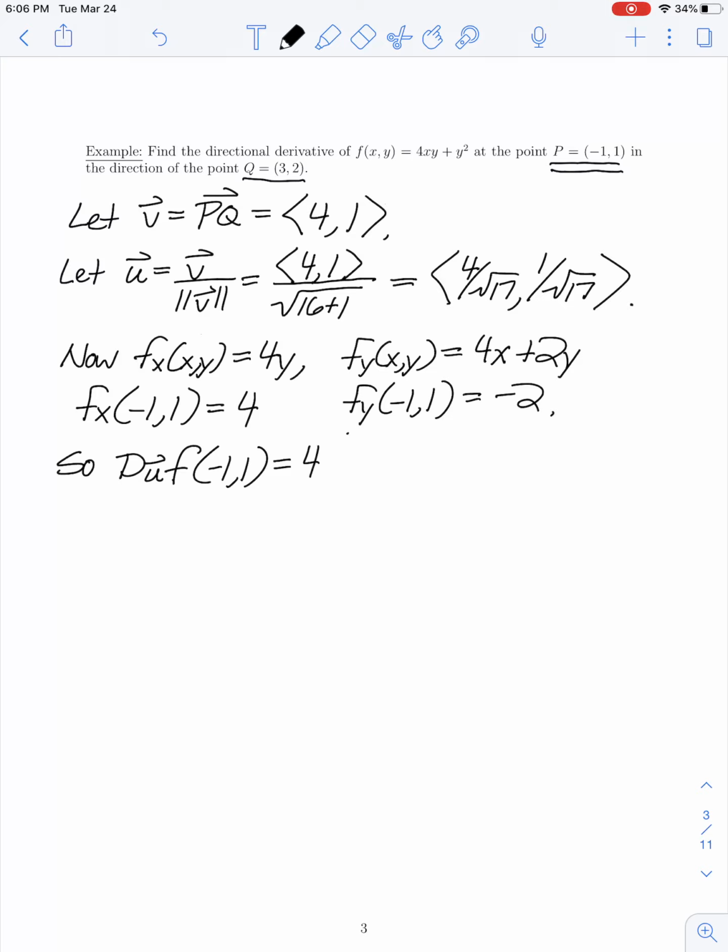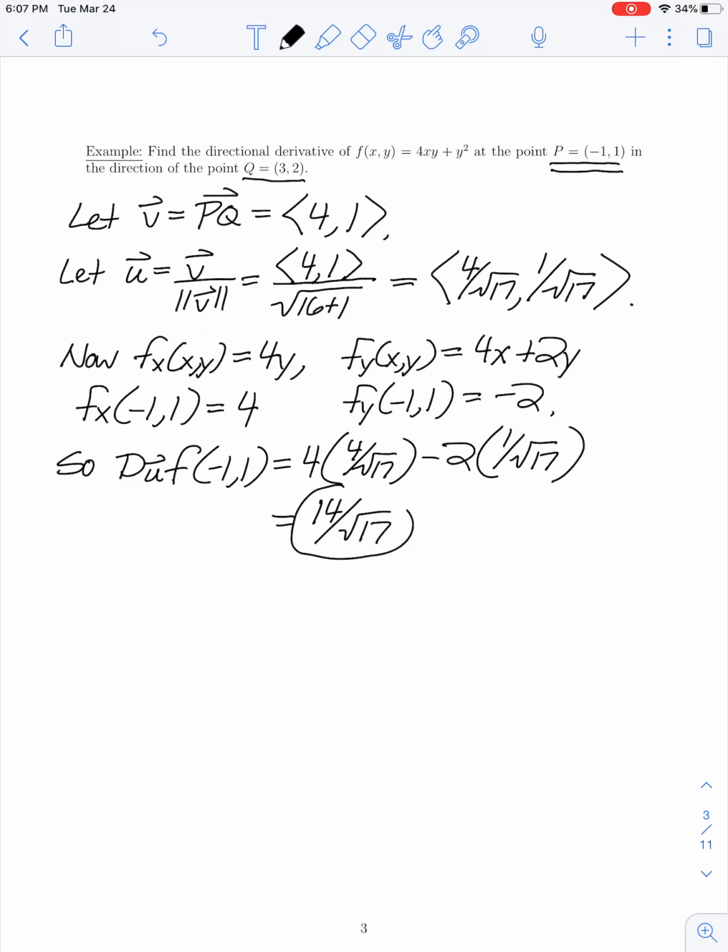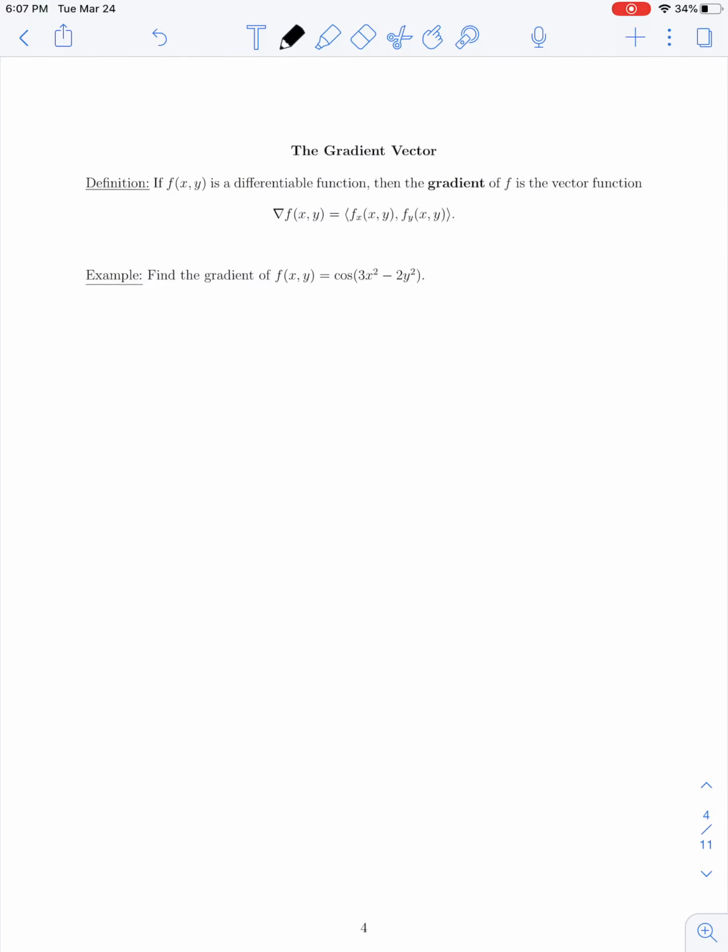So again, it's given by the partial derivative of f with respect to x, which was 4, times the first component of our unit vector, 4 over the square root of 17, plus the partial derivative with respect to y, which was negative 2, times the second component of our unit vector u, which was 1 over root 17. So we get 16 minus 2, or 14, over the square root of 17 for our directional derivative.